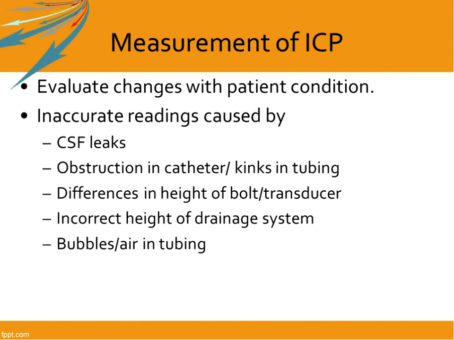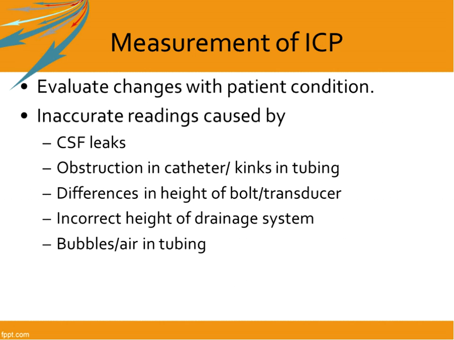We need to continue to evaluate changes in the patient's condition, because remember that we can have changes occur very rapidly. Neurological deterioration might not occur until we see an increase that is pronounced and sustained. We need to immediately report to the healthcare provider any ICP elevation.